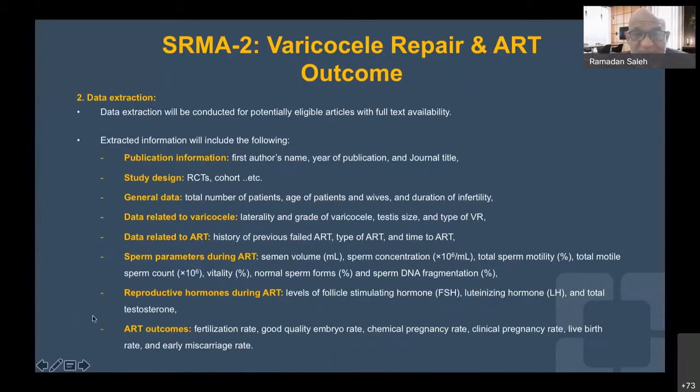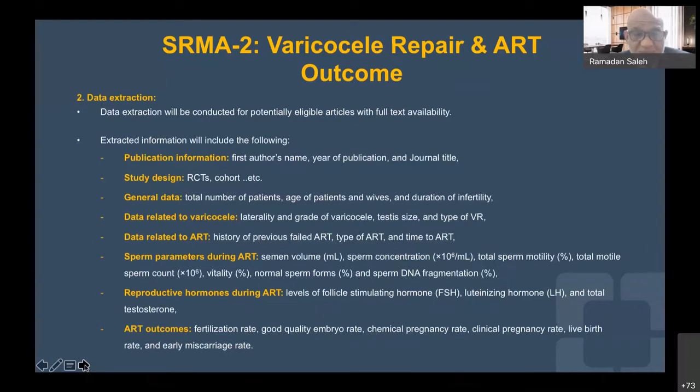The data related to assisted reproduction will include whether there is a previous failed ART or not, the type of ART used, and the time from surgery to assisted reproduction. Sperm parameters will cover basic sperm parameters as well as sperm DNA fragmentation.